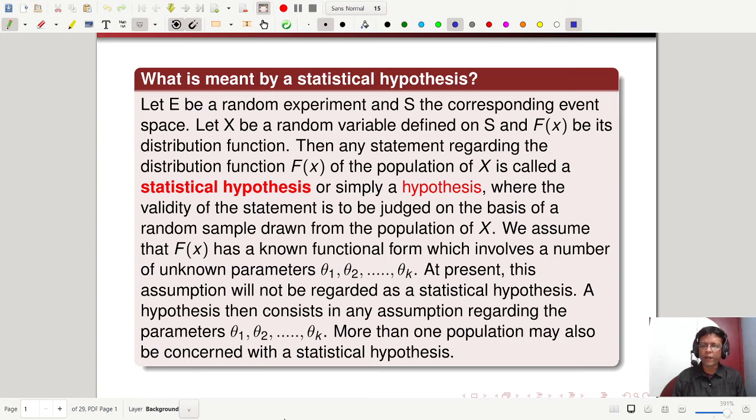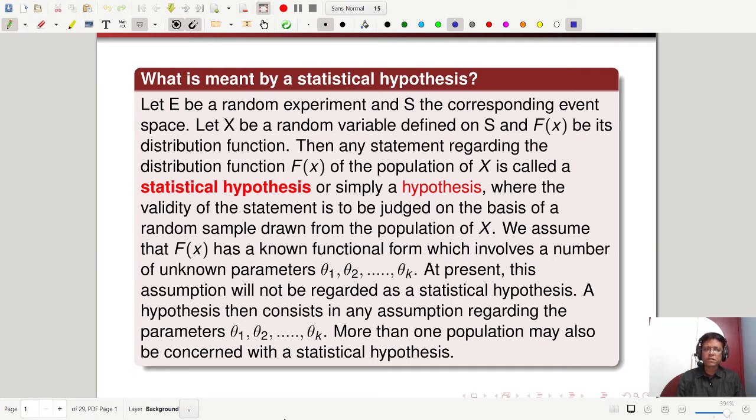So let E be a random experiment and S be the corresponding event space. Let X be a random variable defined on S and Fx be its distribution function. Then any statement regarding the distribution function Fx of the population of X is called a statistical hypothesis or simply a hypothesis.